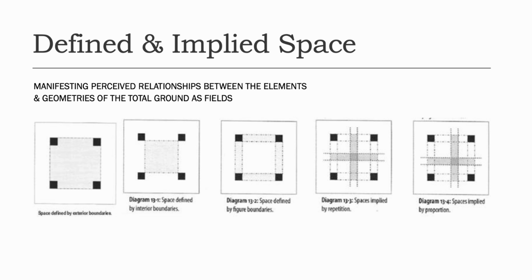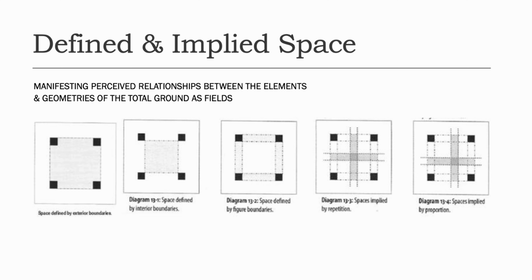The dotted line is the boundary of that definition, and the black is the solid defining spaces. Let's imagine this is a floor plan, and we're looking at the ground, and these black squares are representing columns.